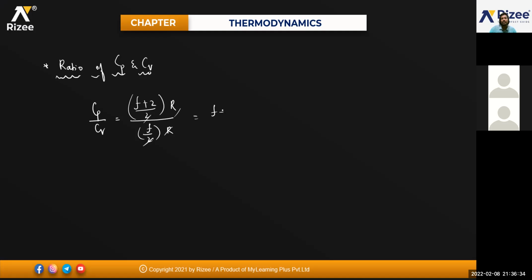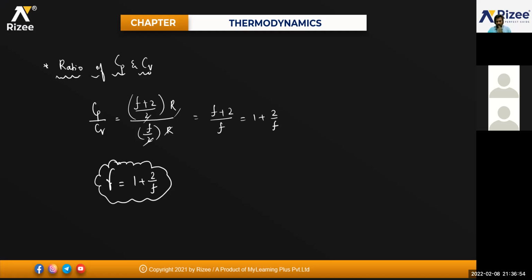So this will be F plus 2 divided by F. That means it will be equal to 1 plus 2 by F. That means Cp by Cv is gamma. So gamma is equal to 1 plus 2 by F. This is the relation.